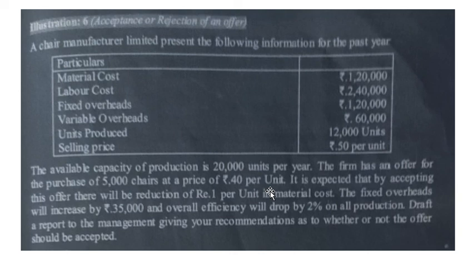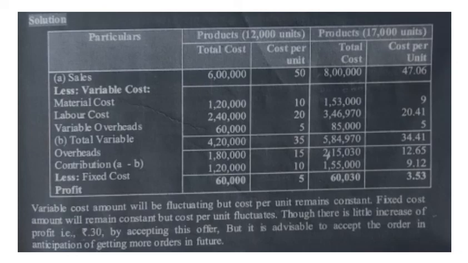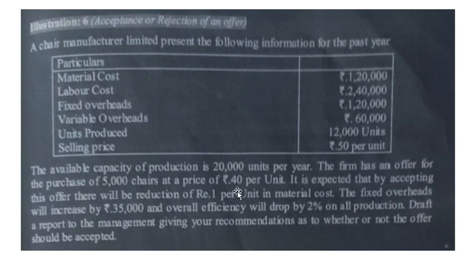So before the proposal, what was the number of units? It is 12,000 units. What was the selling price? 50 rupees. So how much are you getting? 6 lakh. For 5,000 units, if the offer is accepted, the selling price is rupees 40 per unit. Now, when we are adding the offer of 5,000, the total number of units is 17,000.